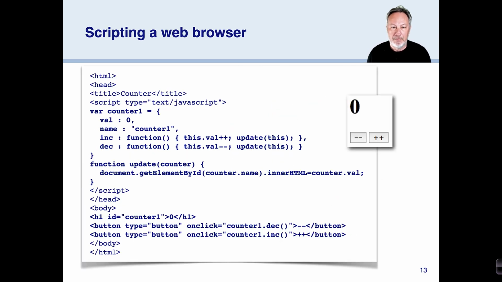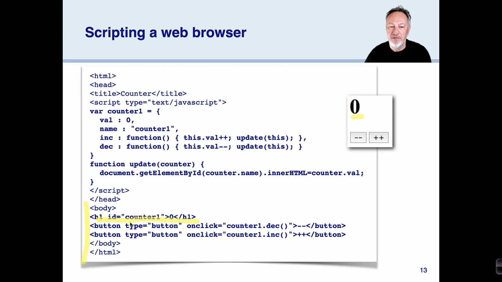Here's a little example of how we can script a web browser. Here we see the HTML of a little web page, including a counter. Here we'll see the actual body of the web page, and the body includes a header, and the header has the value 0.